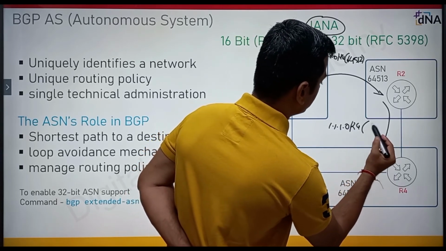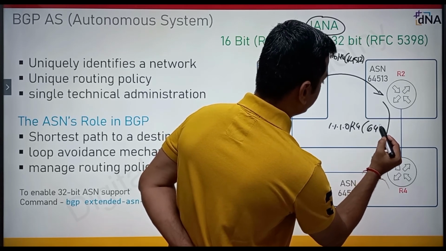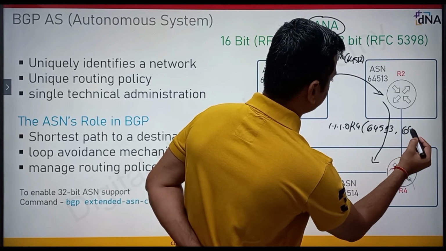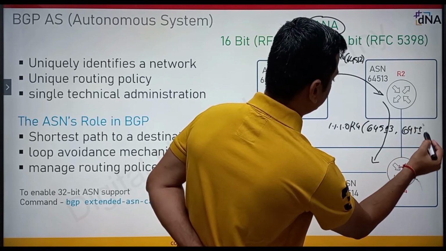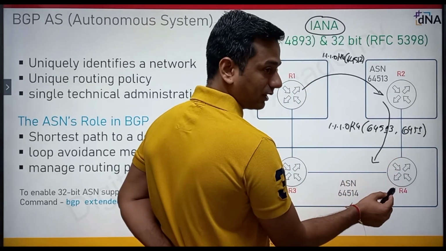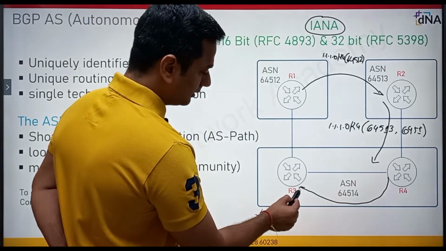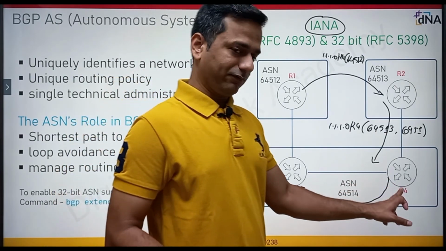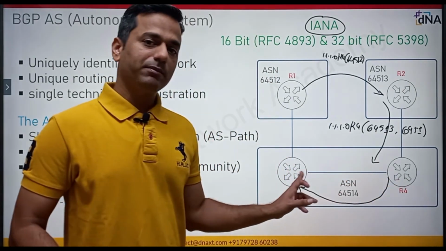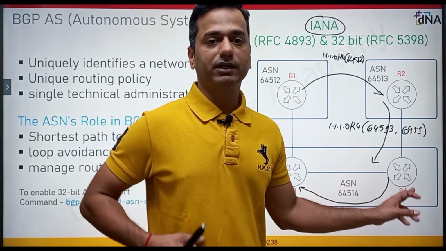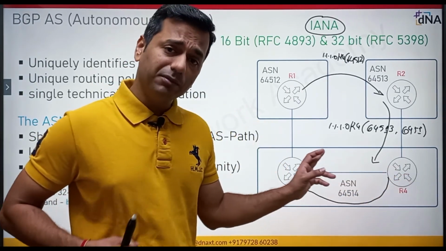Clear? So the path is 64513 and 64512. As soon as R4 receives the route, it will send it to R3. R3 and R4 are in the same ASN, which means they are IBGP neighbors, internal BGP.